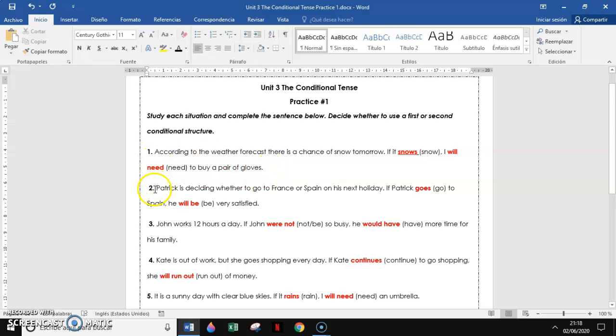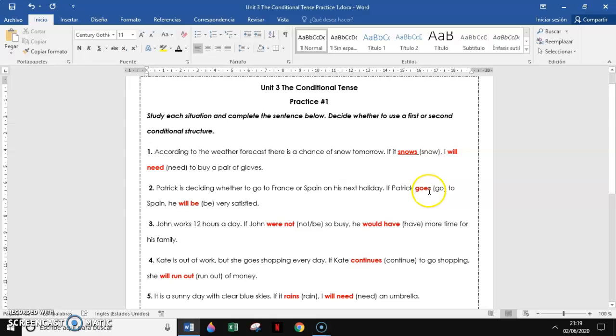Let's have a look at exercise number 2. Patrick is deciding whether to go to France or Spain on his next holiday. Is this a real situation? Is this probable to happen? Is this an imaginary situation? I think it's real because here it says Patrick is deciding whether to go to France or Spain. He's going on holiday next year, so he needs to decide.